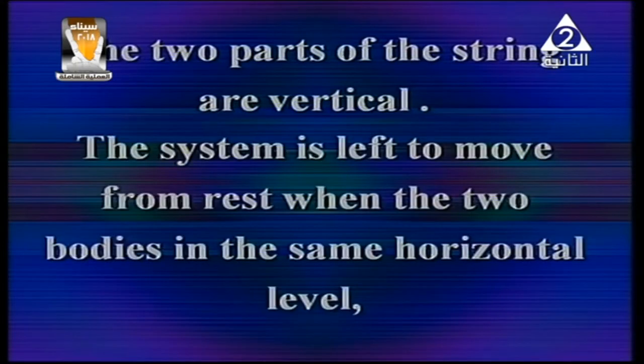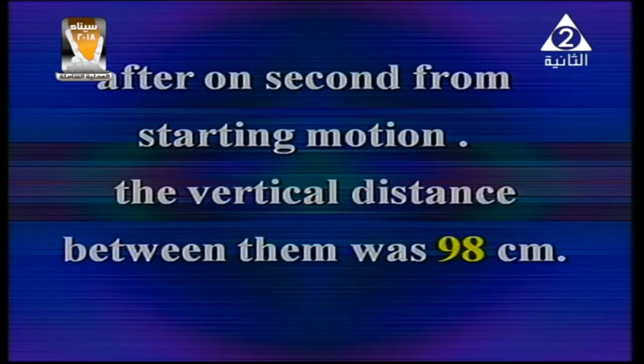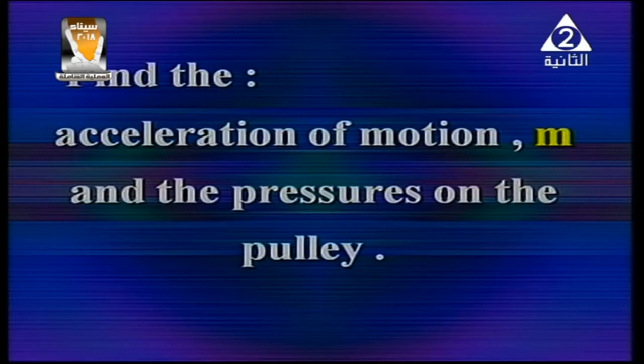The system is left to move from rest when the two bodies are at the same horizontal level. After 1 second from starting motion, the vertical distance between them was 98 centimeter. The required: find the acceleration of motion, m, and the pressure on the pulley.